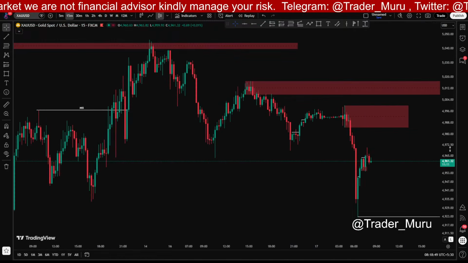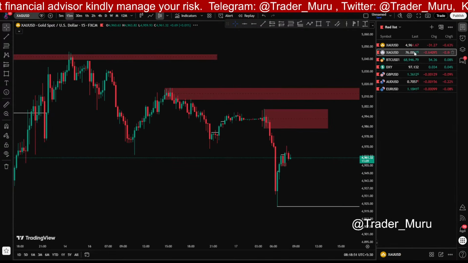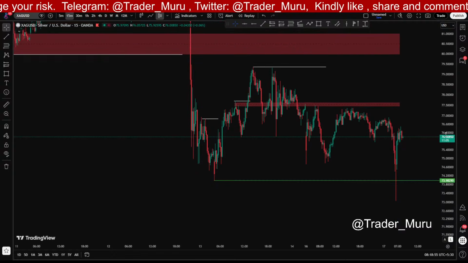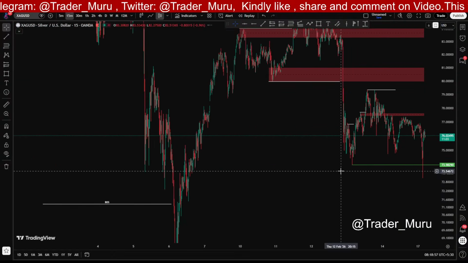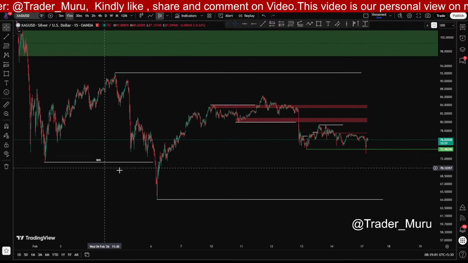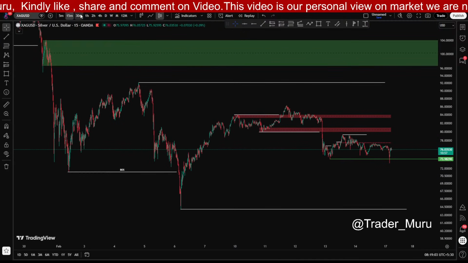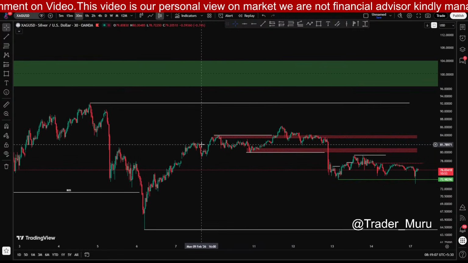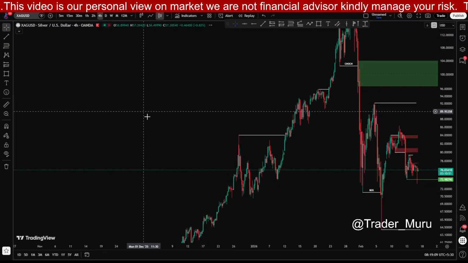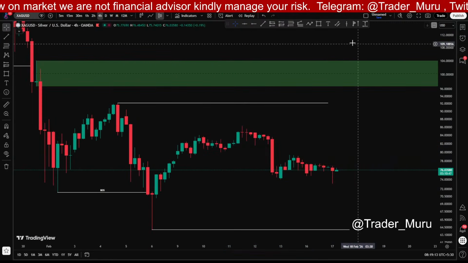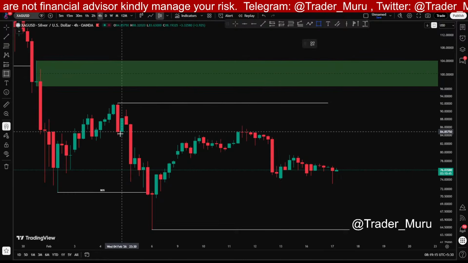So gold is bearish, and let's see silver. Silver has already tapped its low. We have a breakout structure. Then we have a 4-hour supply area test here.